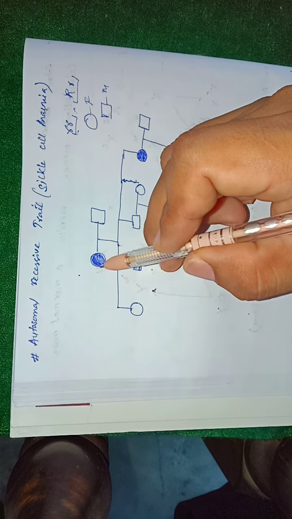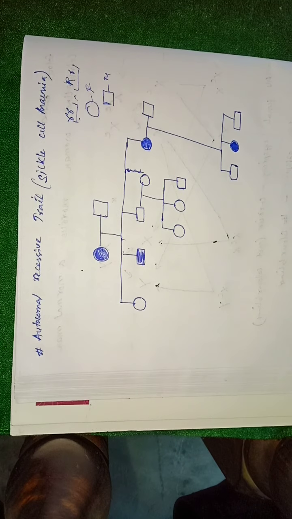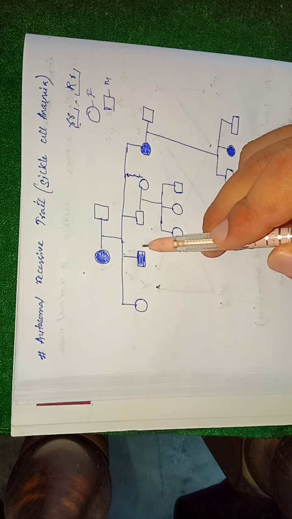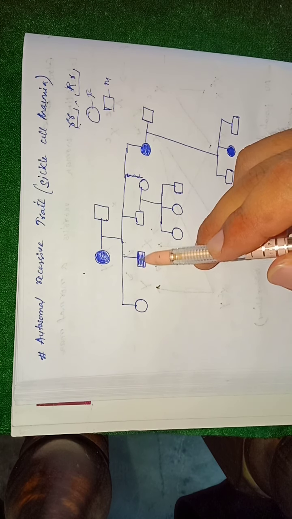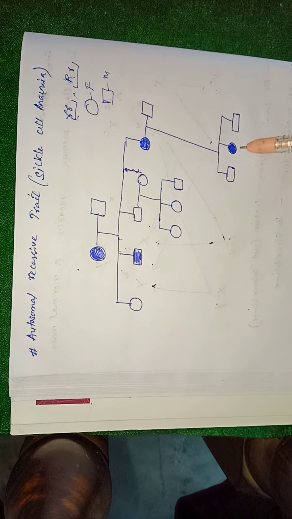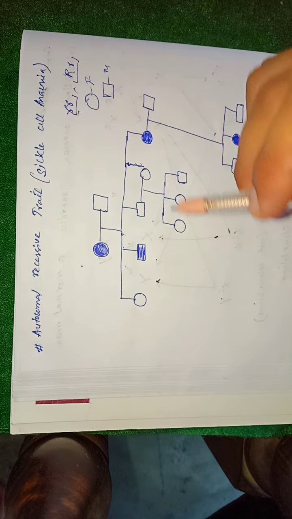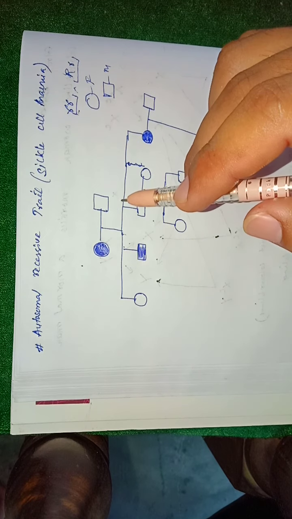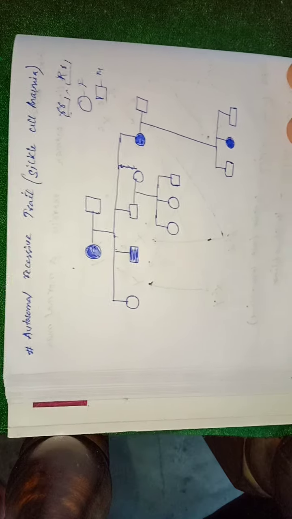So this shows that the female is infected with sickle cell anemia. And here this is a male, and a male with a dash inside refers to the infected male, and this refers to an infected female. These are the symbolic representations shown in the pedigree analysis.